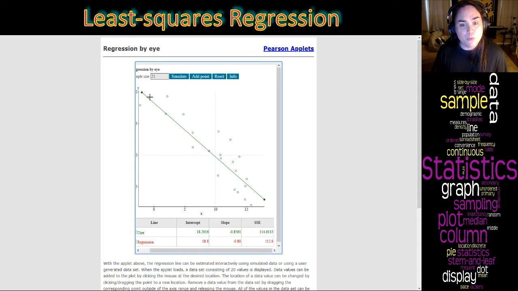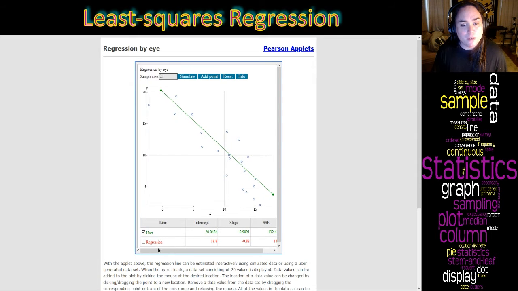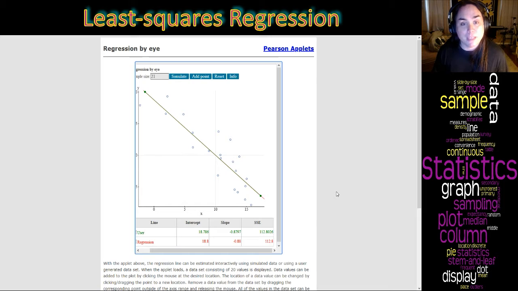But wherever you initially draw that line, it's probably not going to be great. It's not going to be a really good line. If you click right here where it says regression, it'll show you the perfect line. And you can match them up to see how close you can get. So that is the best line for the smallest squared residual sum.